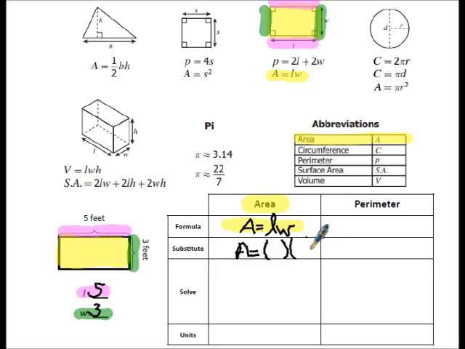So I can put parentheses because when I have two letters next to each other, that means multiplication. So I'm going to put the length of 5 and the width of 3 in the same locations in the formula. I'm going to replace each letter with its value, and 5 times 3 ends up being 15.